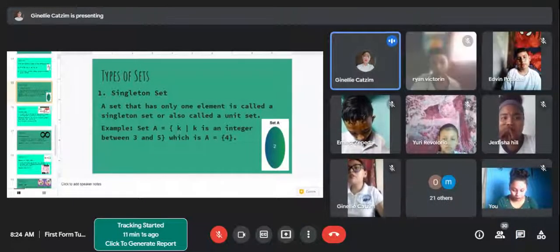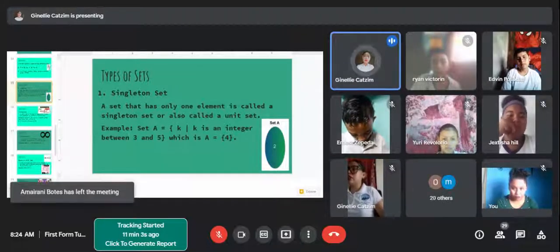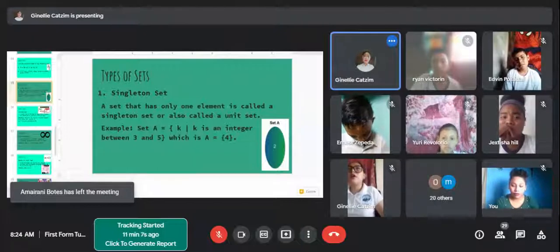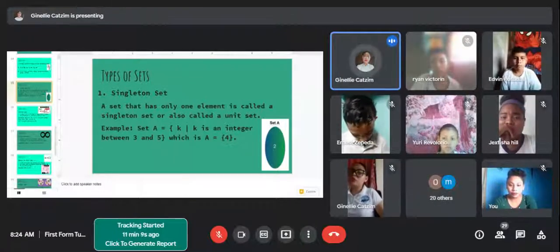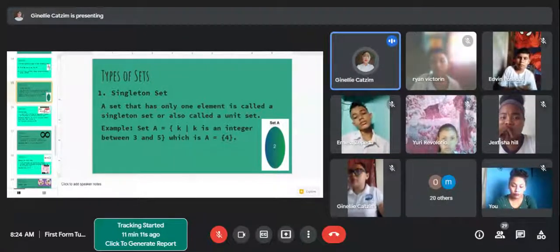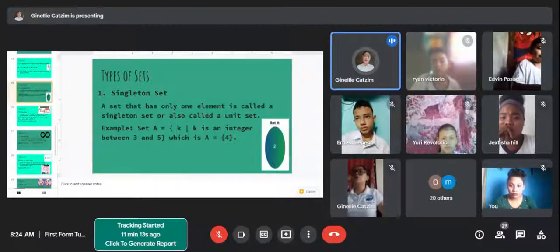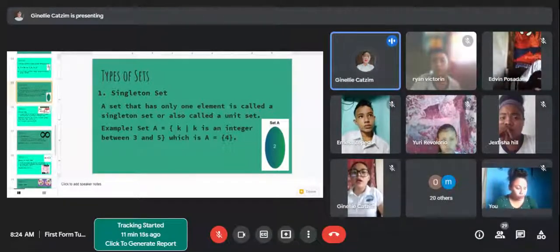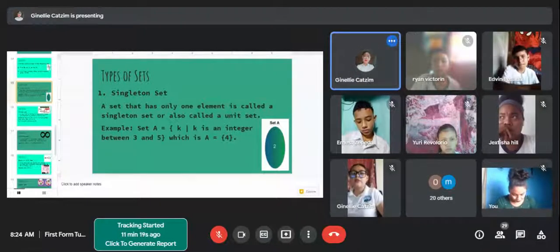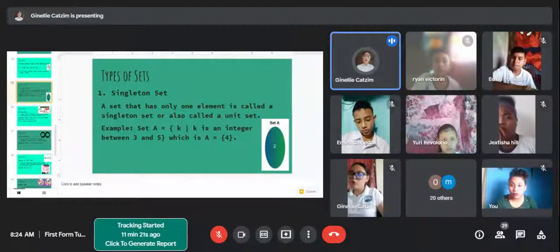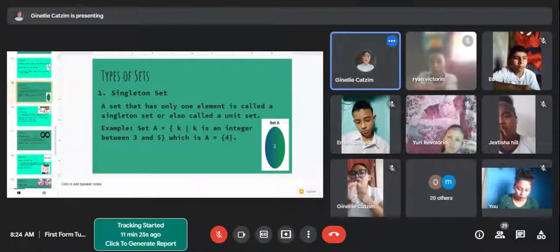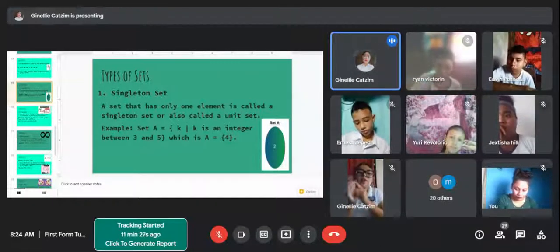So the singleton set only has one element. What other example can I give you that you can relate to? Maybe, let's say I paint my nails, but I remove everything. I just leave one nail on my finger painted.